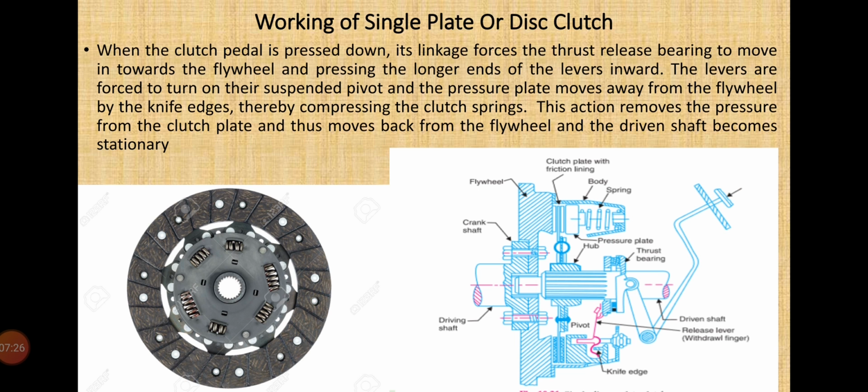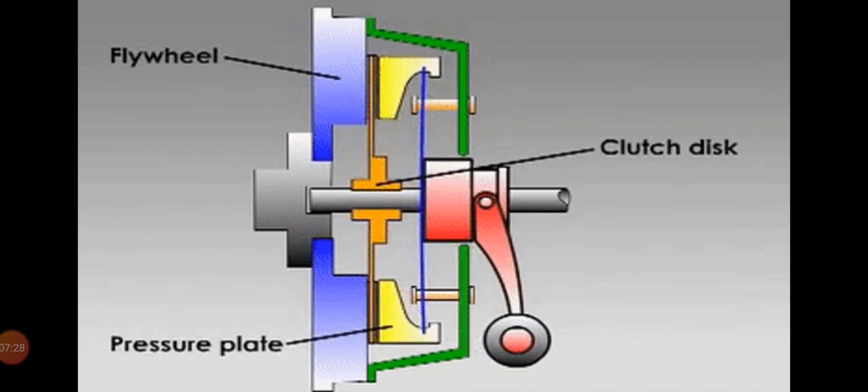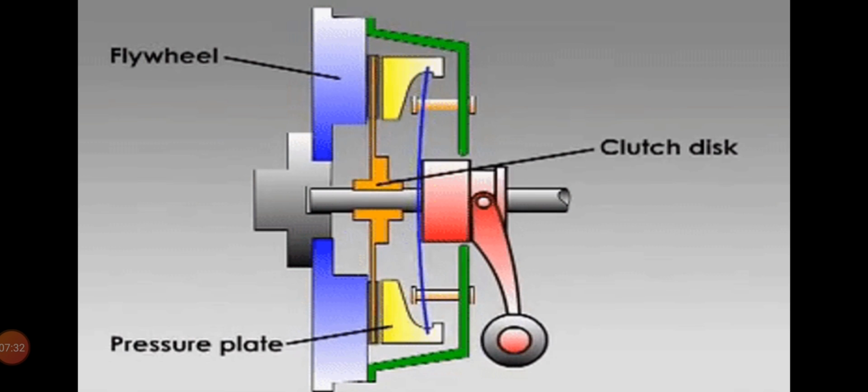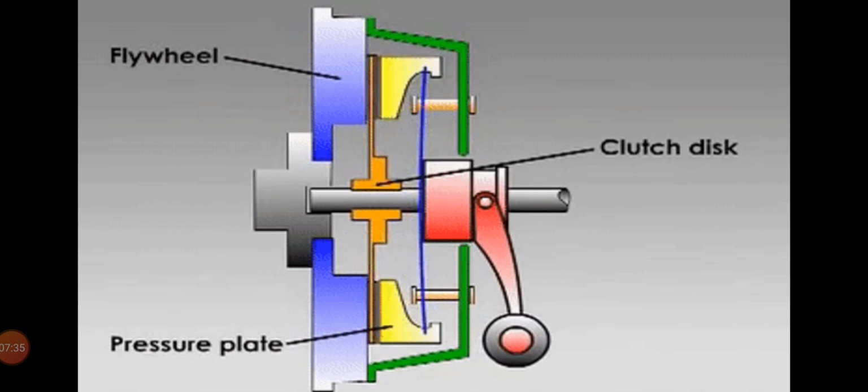Now we can see a small animation of the single plate clutch. You can see here there is no helical spring, but a diaphragm spring.